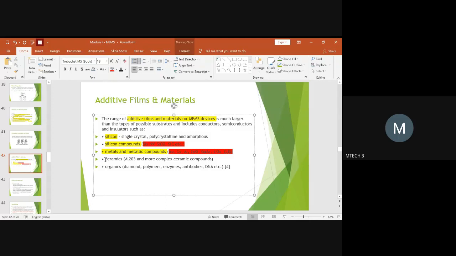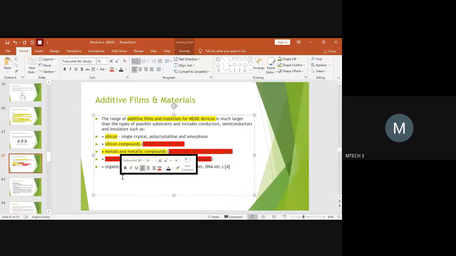Suppose for ceramics, if you deposit ceramics as a thin film, you should have a suitable additive layer for it. So always you should try to have an additive film or material which is more suitable for ceramic compounds. So you have to check which compounds are more feasible for the ceramic layer of deposition.